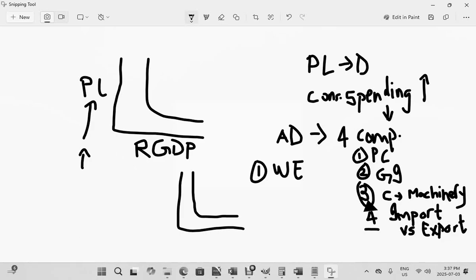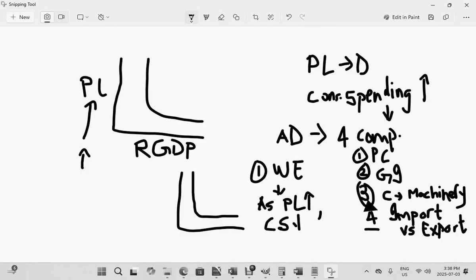So as price levels go up, your consumer spending goes down.